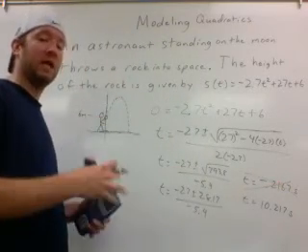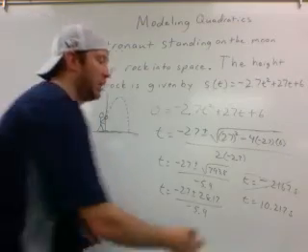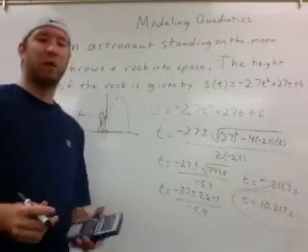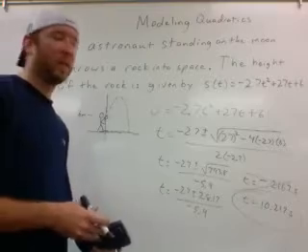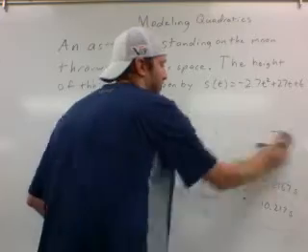And how long did it take for the object to come back to the lunar surface, or the moon surface? It took 10.217 seconds. Okay? So again, one of the things we're trying to get you to do is answer the problem.